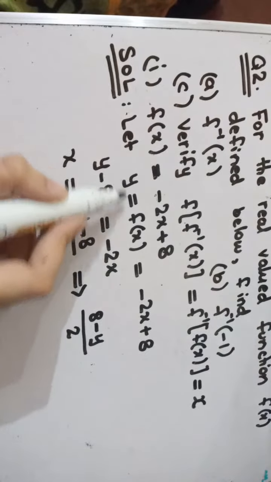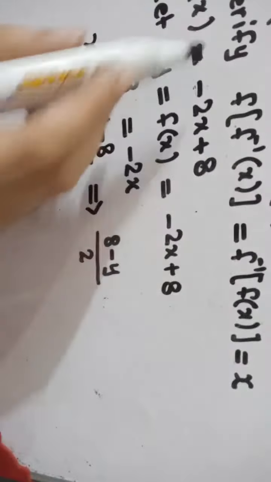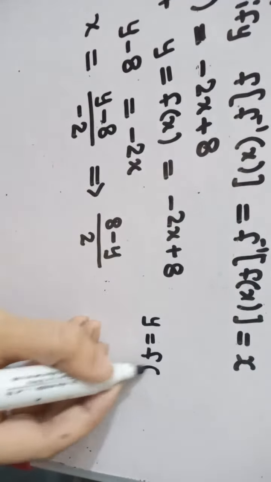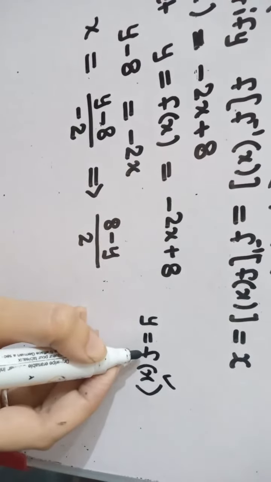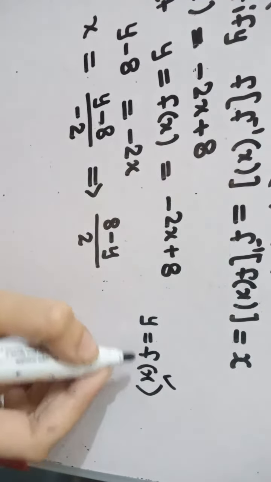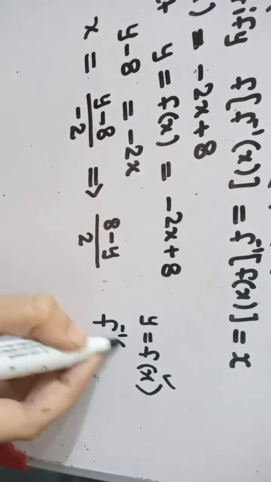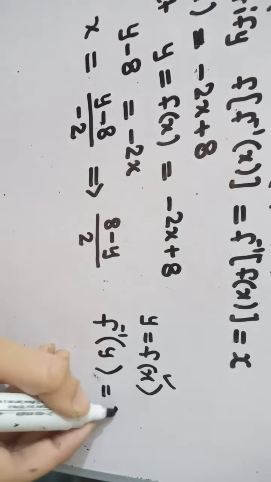So as y is equals to f of x, you can see y is equals to f of x, then what will be the value of x? You will take f from this side to this side, then it will become inverse. F inverse of y is equals to x.